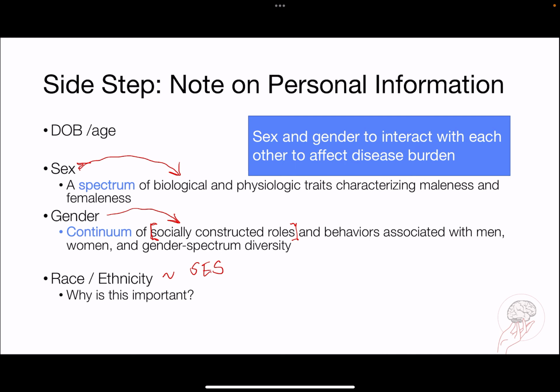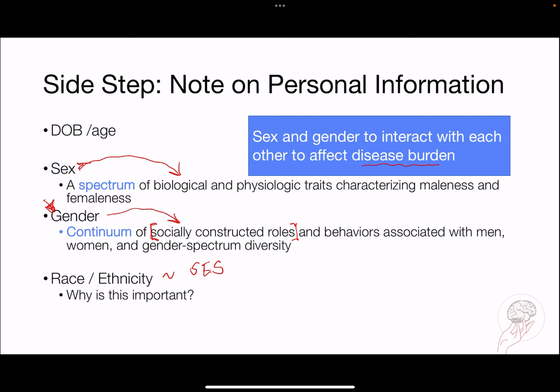However, women are less likely to get treatment for heart disease and are more likely to have a heart attack and not get treatment for it because of gender roles. So you may have heard stories of an aunt or a grandma or someone who had a heart attack and they didn't tell anybody because they didn't want to bother someone. Or because they didn't feel like the symptoms they were experiencing were that bad. So that is how gender can influence someone's disease burden.